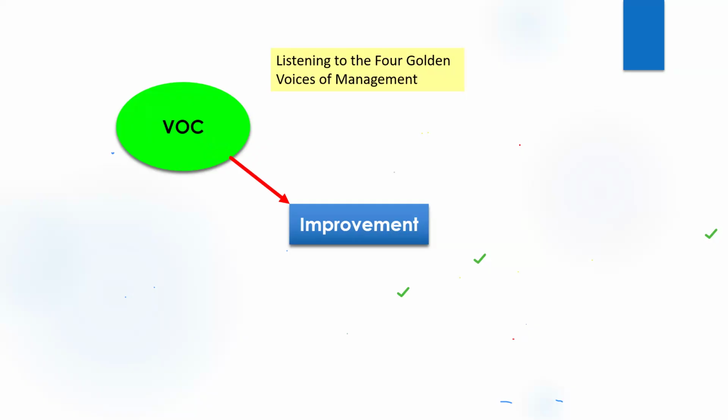So we need to listen to the voice of customer. We just saw the examples, right? A company having near about 60 to 70% market share can be out of the market if we forget to listen to the voice of the customer. So the first golden voice is the voice of the customer.